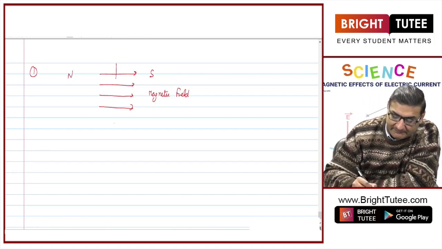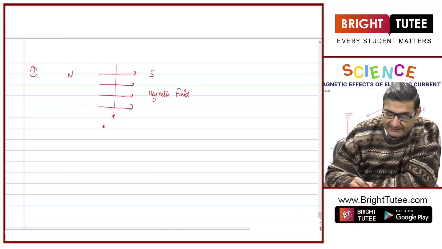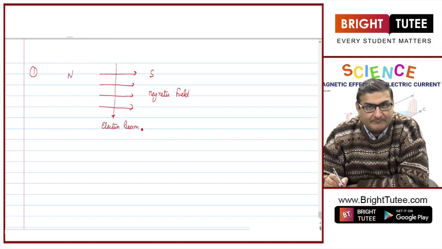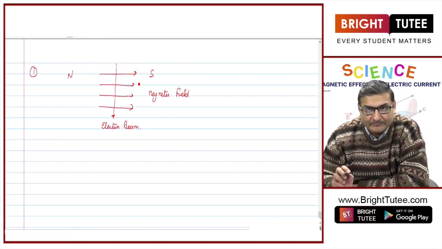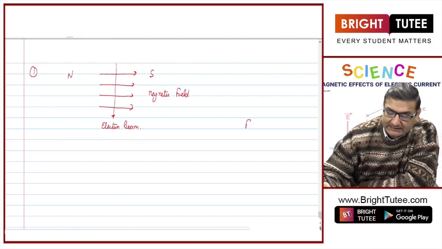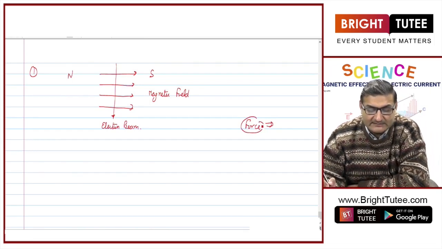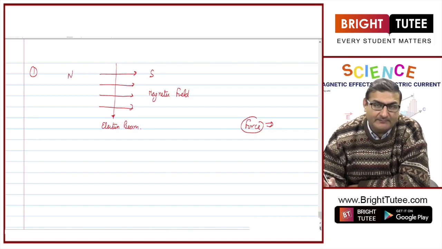Now we will be given this kind of an arrow, a line, and it is labeled electron beam. Now the question states that an electron beam enters a magnetic field at right angle as shown in this particular figure. What we are asked is to calculate the direction of force which is acting on this electron beam.